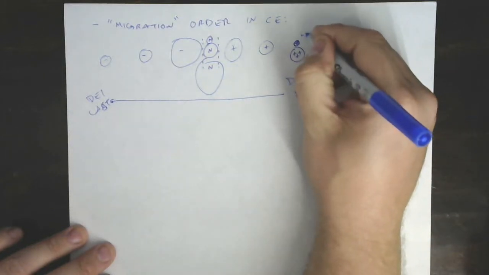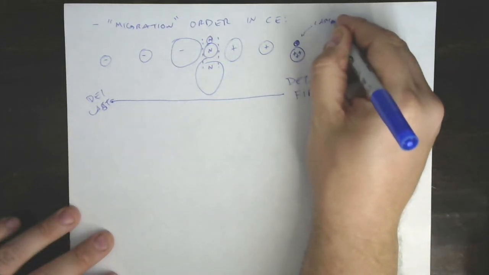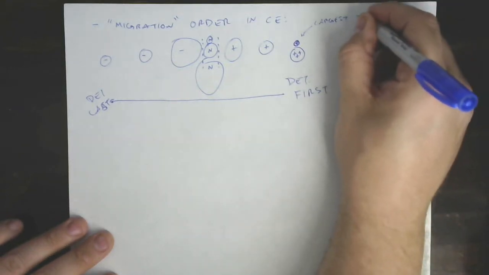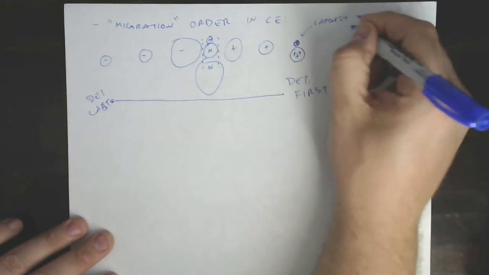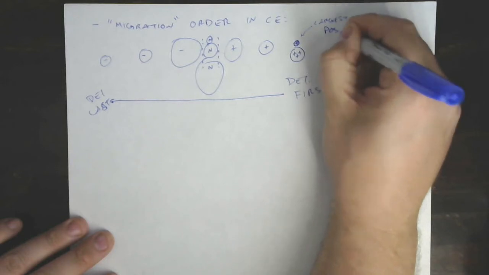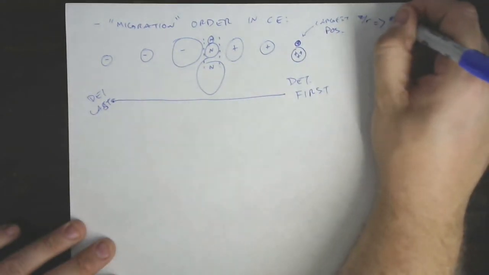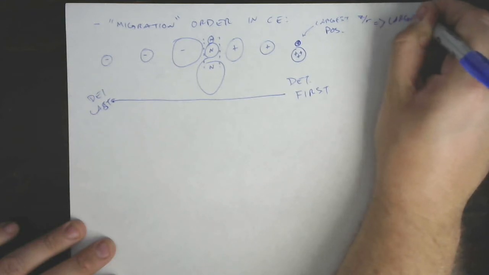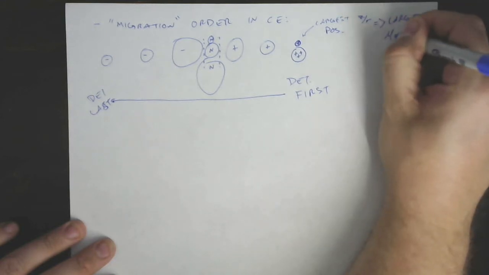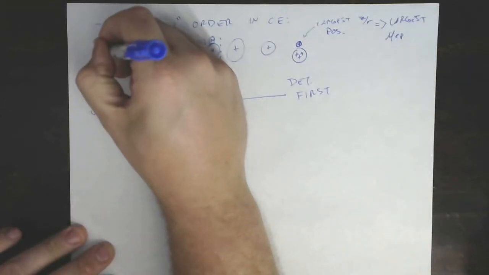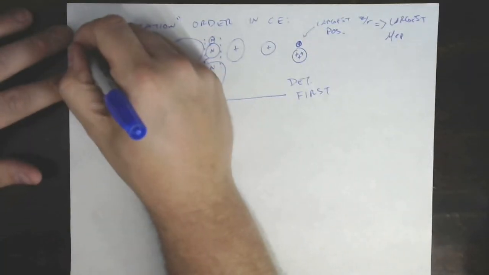So this is the largest value of z over r. It's the largest positive value of z over r, and therefore it has the largest mu sub EP, the largest electrophoretic mobility.